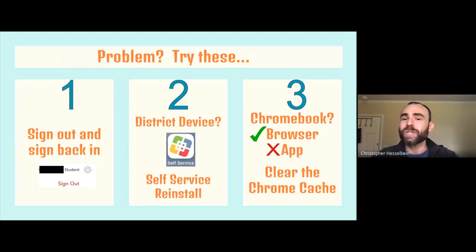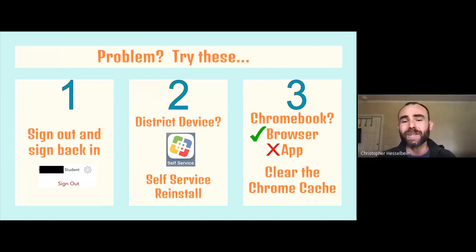Some of the newer touchscreen Chromebooks that may have gone home with the district, there is an app on the Google Play Store that the kids have been using, which is a little bit better for the touchscreen interface, but it's not quite as stable as the web browser. So the green check there is on the web browser. So instead of using the app from the app launcher on a Chromebook, try actually going into the Chrome browser and going to app.seesaw.me and actually going into Seesaw through the browser.